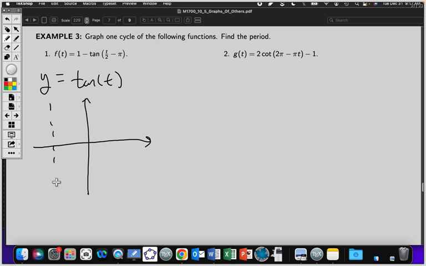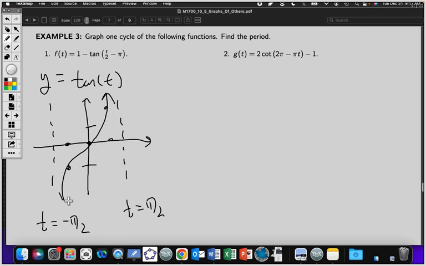We're going to start at negative pi over 2 and go to pi over 2. And when we chop it up into the quarter marks, same as before, we're going to have this increasing shape like that.